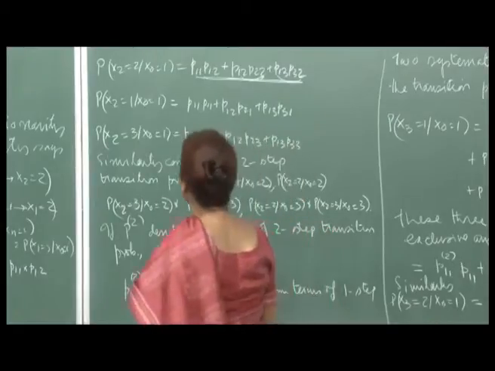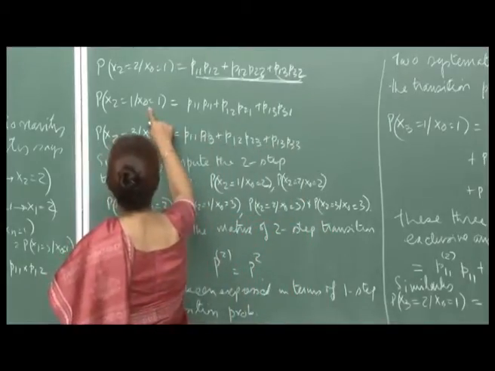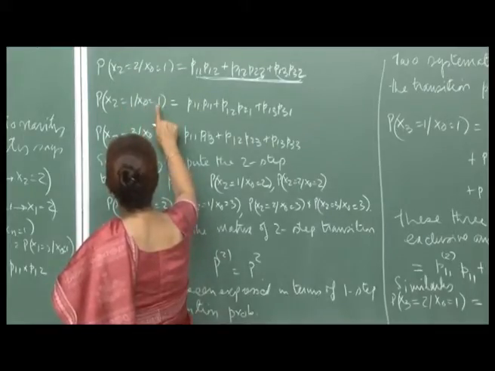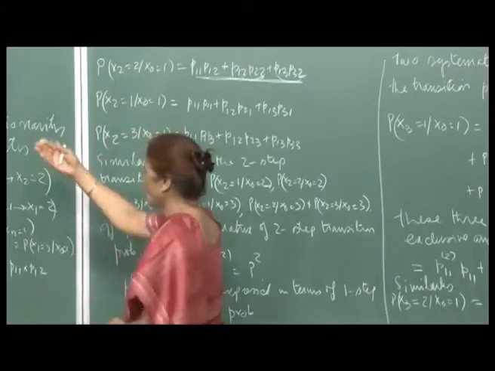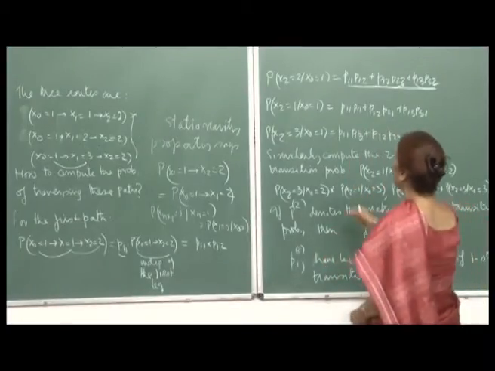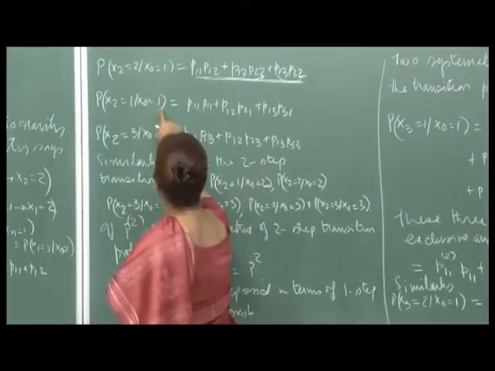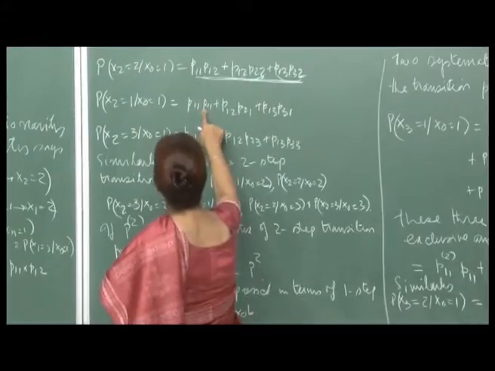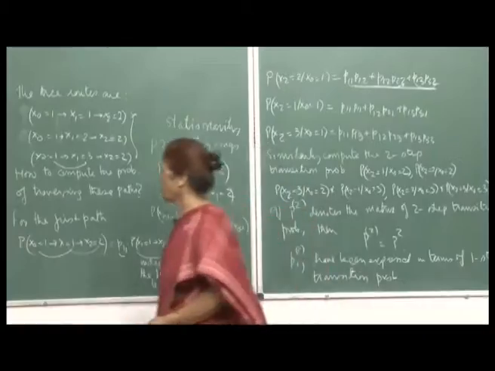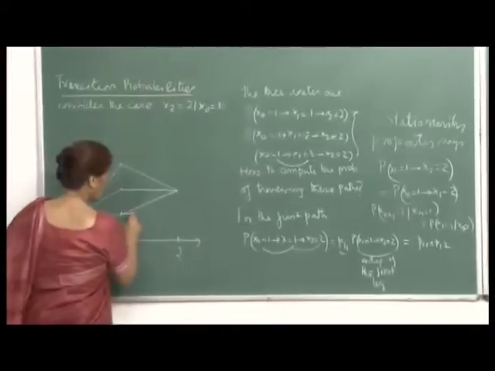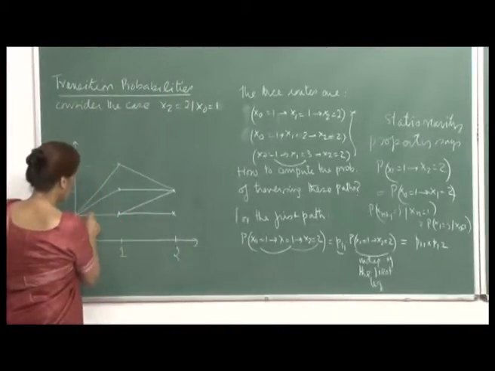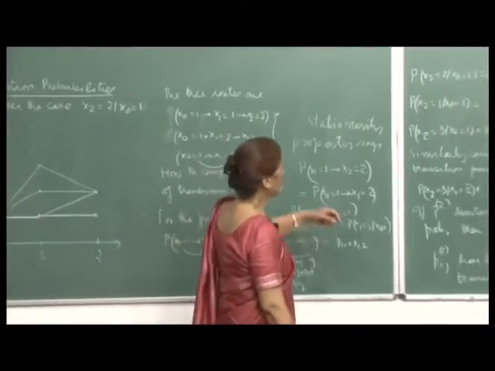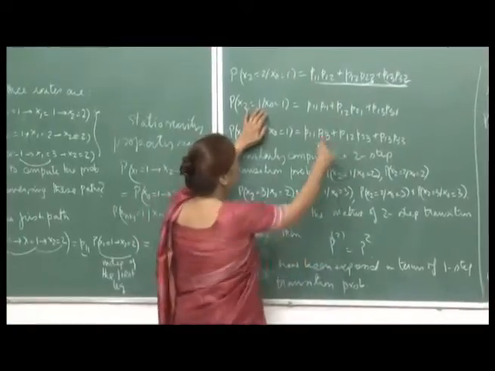Now similarly, when your x0 is 1 and x2 is 1, that means in 2 steps you want to transition from 1 to 1. So again you will have 3 possible such paths. Maybe I will just repeat the whole thing, so that there is no confusion. For example, you can go from 1 to 1 and then 1 to 2. Then the other possible way is 1 to 2 and then 2 to 1.